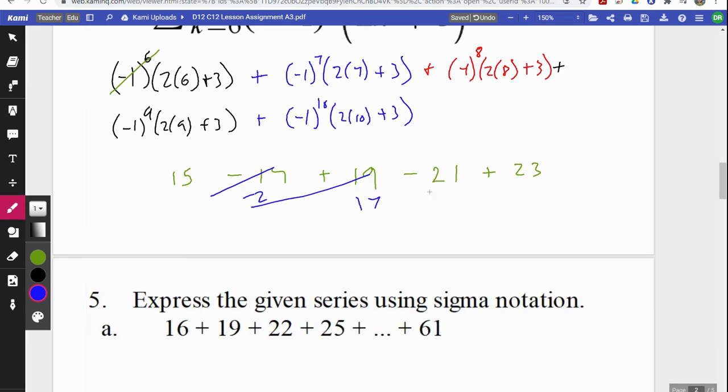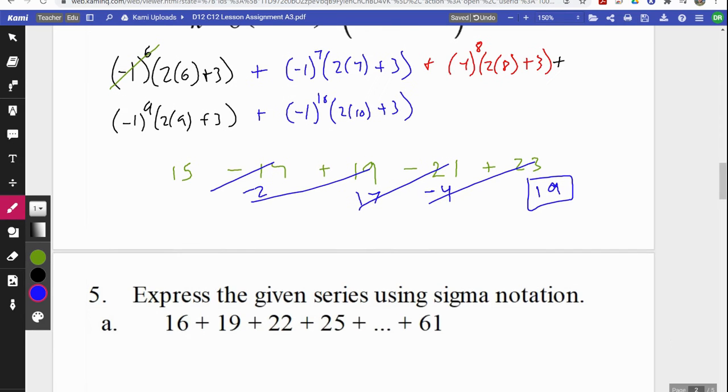And then minus 21 is going to be a negative 4. And then add that to 23, and I get a 19. You can just put it into a calculator as well. All right.